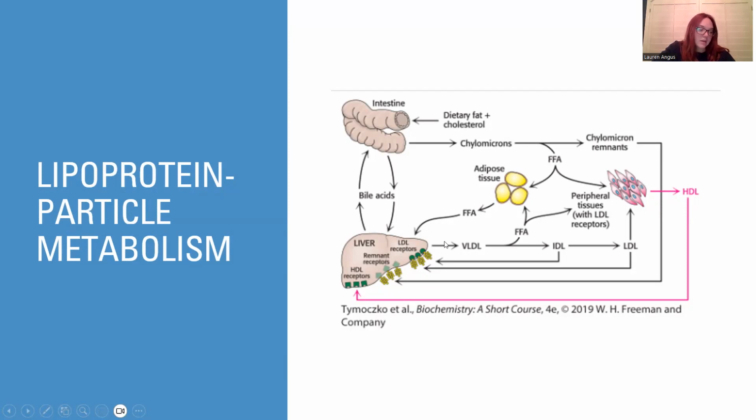VLDL will enter the bloodstream. It is very low density lipoprotein. It is hydrolyzed by lipases on capillary surfaces, and it'll create free fatty acids, which are taken up into the adipose tissue here, or it can turn into IDL, which is your intermediate density lipoprotein.